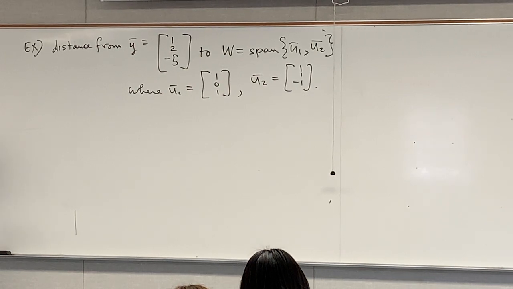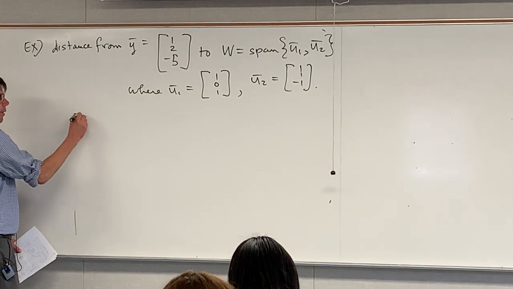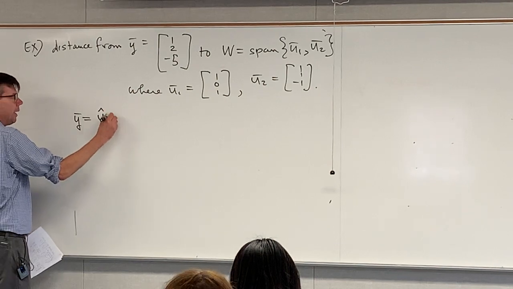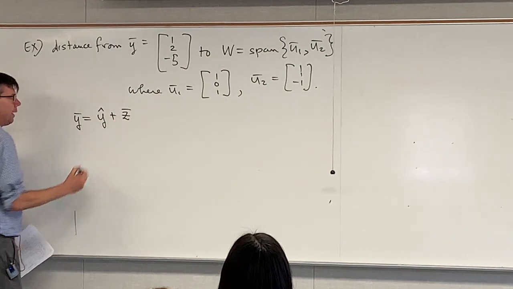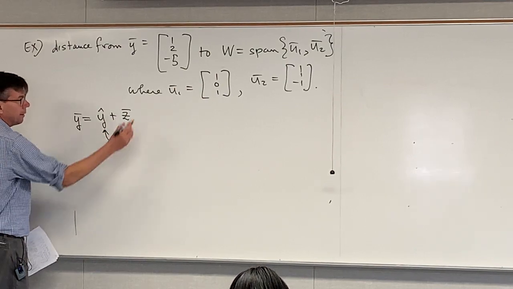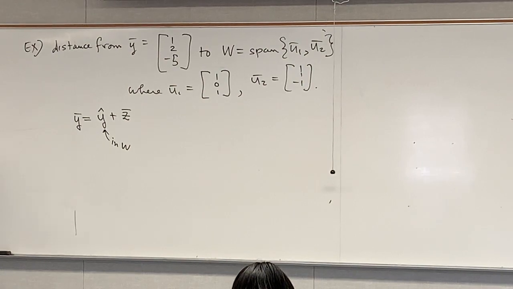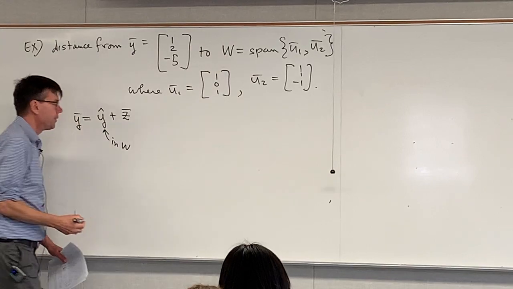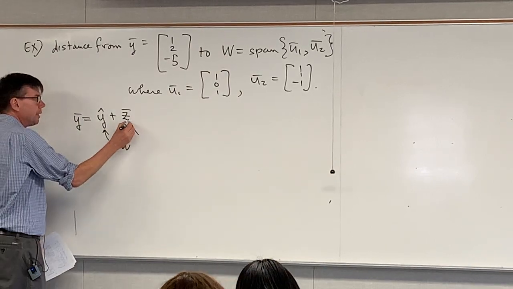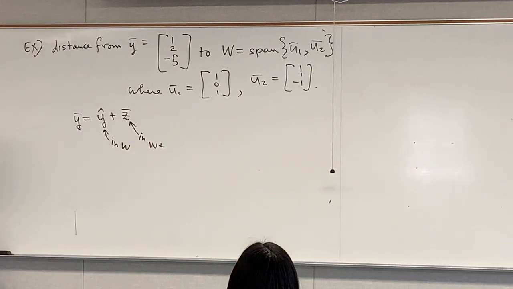So, you know where this is headed. We're going to work with y hat plus z again, where y hat is in W. I didn't use the capital W on the handout, but I'm introducing that here, the span of those two. Call the subspace W. z is in W perp, the perpendicular complement of W.